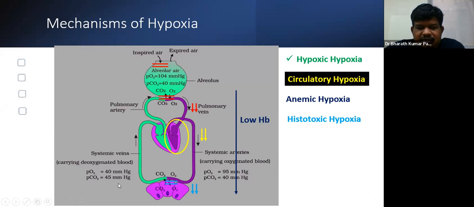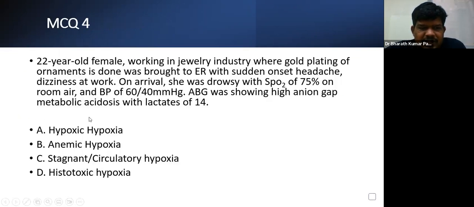So there is a high chance of them having cyanide toxicity if they are not using personal protective equipment. Whenever there is an increased level of cyanide in our circulation, or if they inhale the cyanide, at the level of tissues, it does not allow the oxygen to be taken up by the tissues, causing histotoxic hypoxia. Okay, so the answer D is correct.